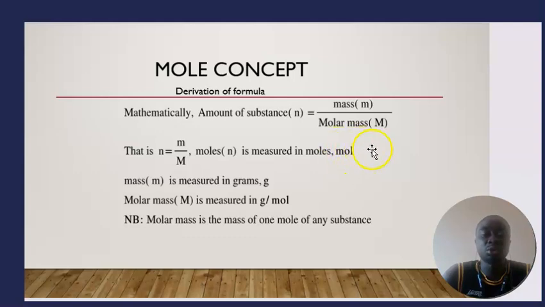The same way, mass is measured in grams, and our molar mass is measured in gram per mole. So when you have to find the molar mass, you can make a change of subject and make capital M the subject. Then after finding it, you add the unit, which is gram per mole, to it. And the mass is in grams.